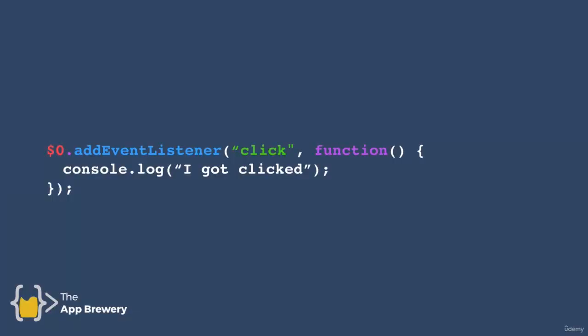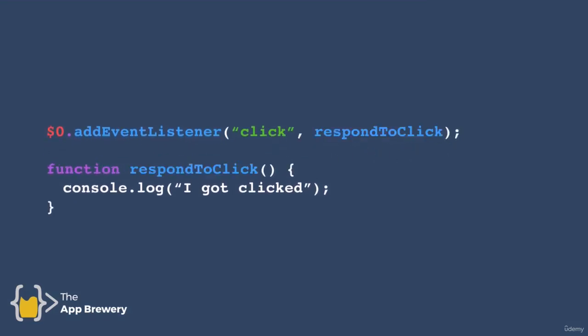Now, in this case, we've got an anonymous function as the second input. And we know that we can also specify it like this. So instead of using an anonymous function, we could use a named function, say something called respondToClick. So the word click is the event that we're detecting, and that's the first input, or input 1. Now the second input is the function that should be called once the H1 detects the click event.